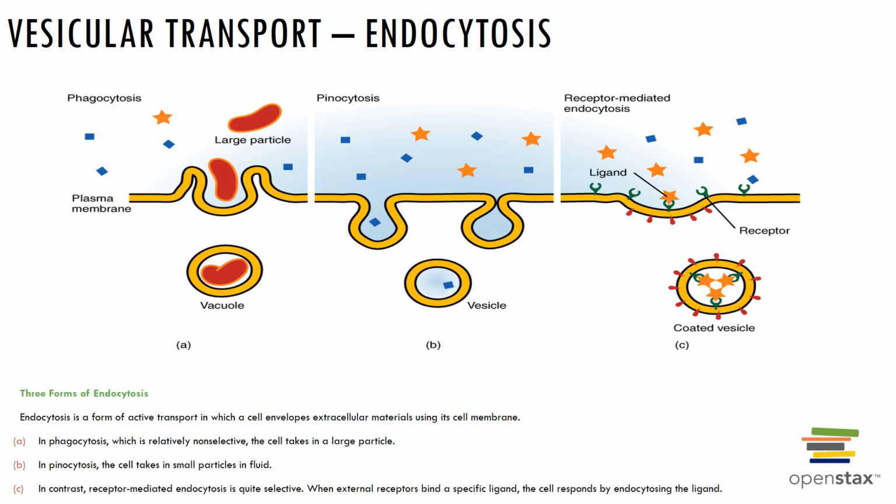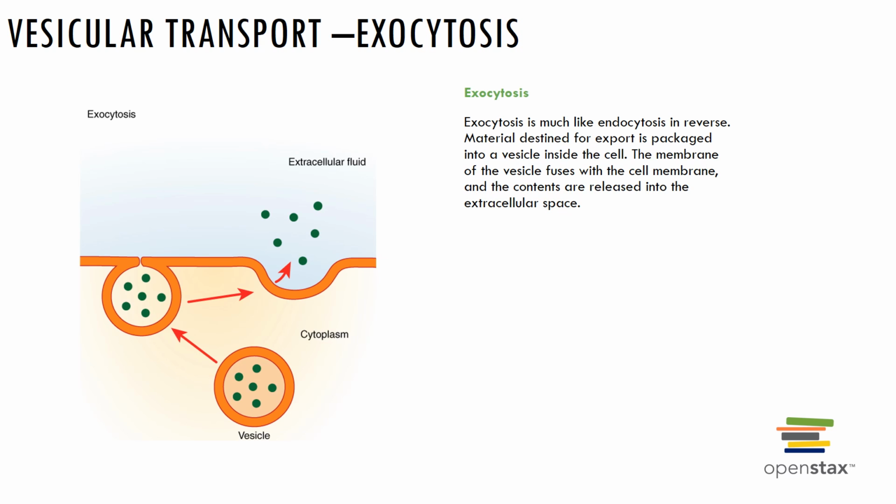And receptor-mediated endocytosis is where we have these pits that have been coated, and they provide the main route for endocytosis. When we take up enzymes or low-density lipoproteins, insulin, those are all examples of this form of endocytosis. Exocytosis is much like endocytosis in reverse.